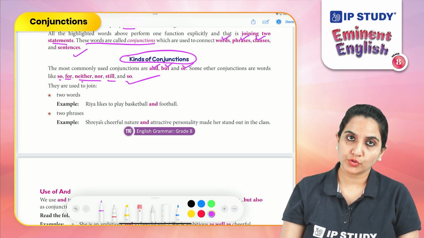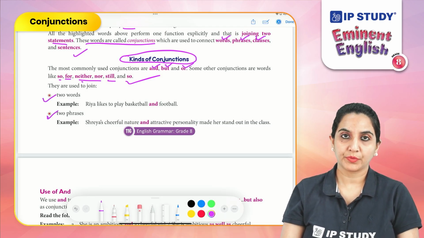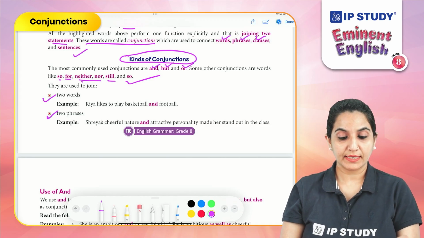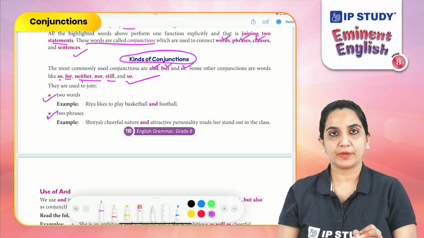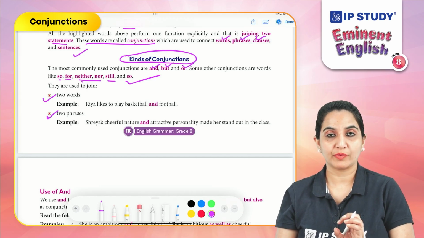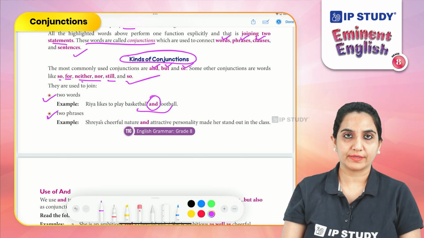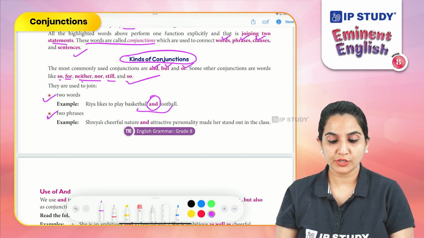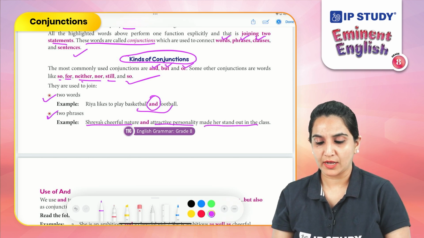They are used to join two words or two phrases, right? Such as: Ria likes to play football and basketball. Ria likes to play basketball and football. So we have joined two words, basketball and football, using a conjunction. Two phrases, such as: Shreya's cheerful nature and attractive personality made her stand out in the class.